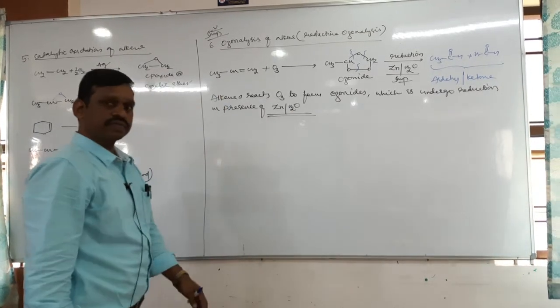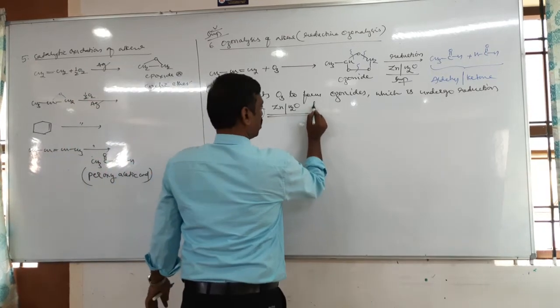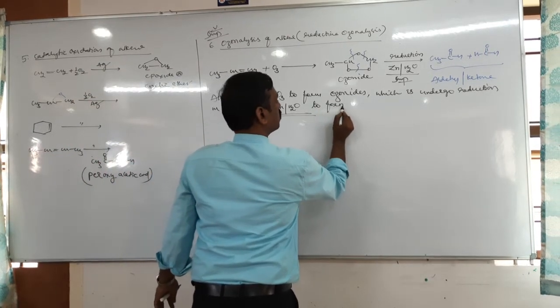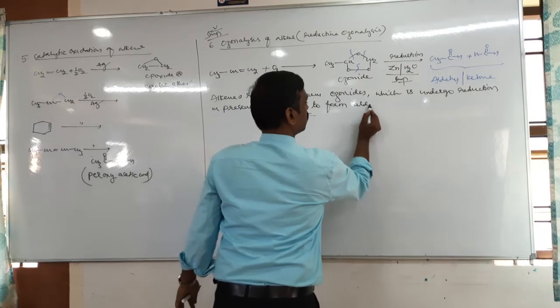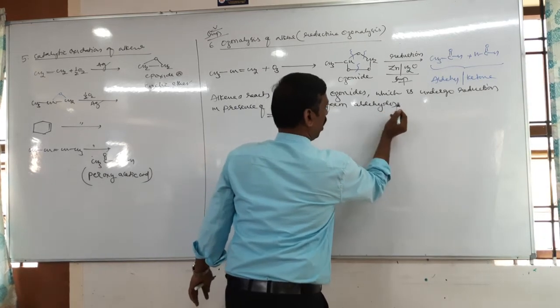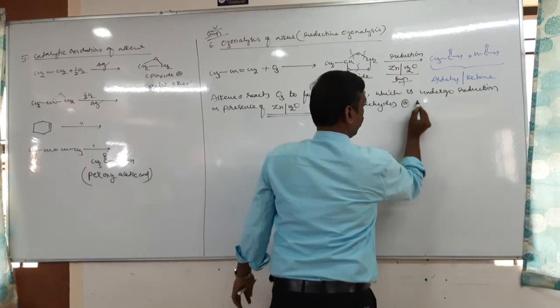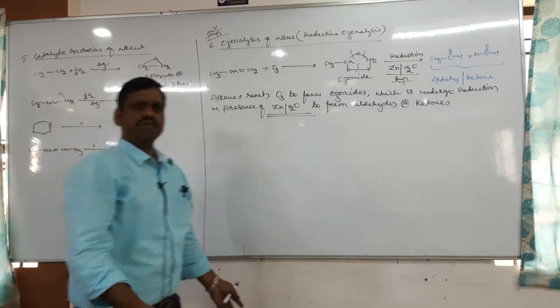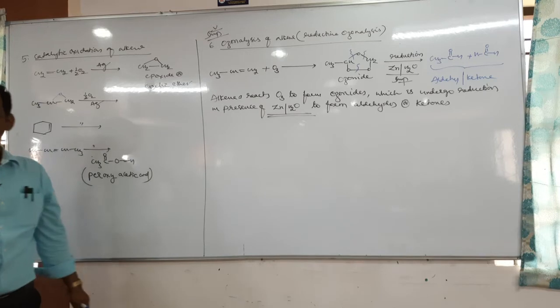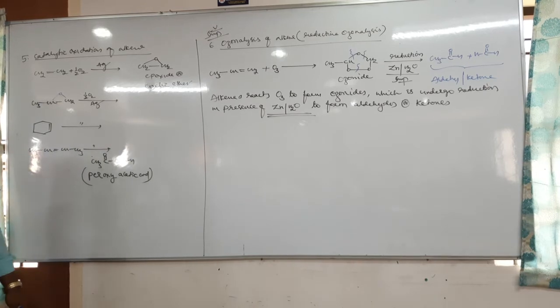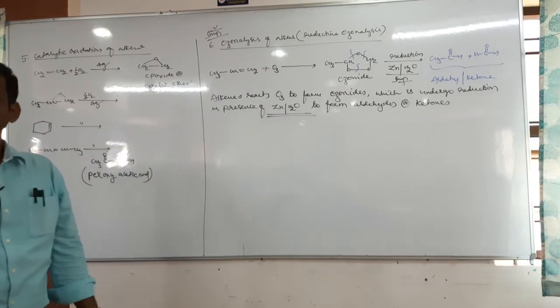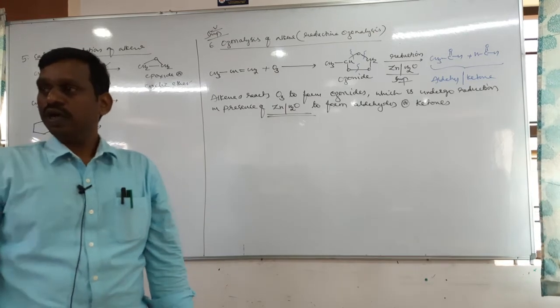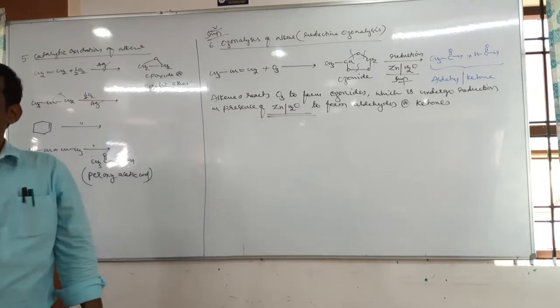Important. In presence of zinc water to form aldehydes or ketones, or sometimes both also; both aldehyde and ketone are possible. So therefore alkene gets converted into either aldehyde or ketone or both aldehyde and ketone.